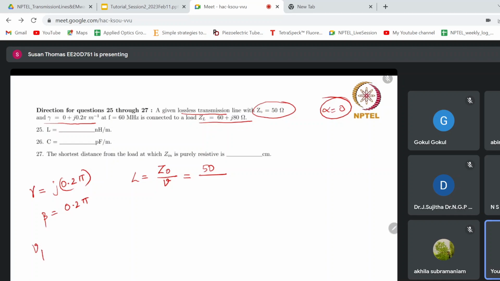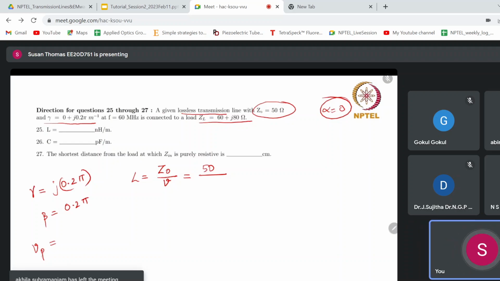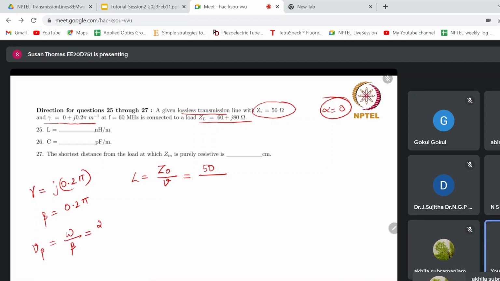So v we need to calculate, or Vp or v we need to calculate. Vp will be omega by beta. 2 pi into 60 into 10 power 6 divided by beta, which is 0.2 pi. So what is Vp here? 6 into 10 power 8 meter per second. So once you know the Vp, you can substitute here and tell the answer for L.